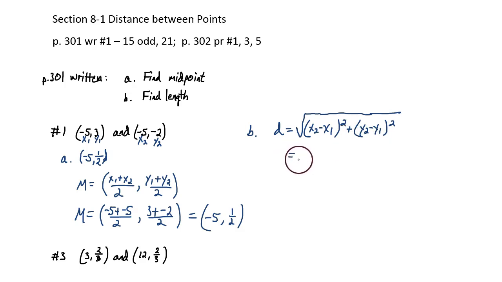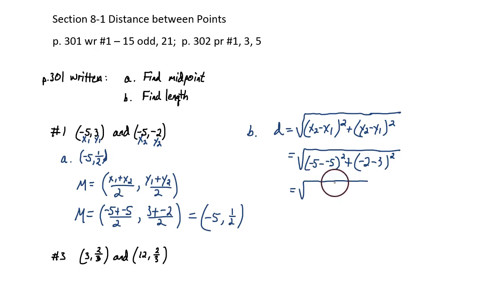Let's make substitutions. x2 is -5 minus x1 is -5. Now let's subtract our y values. y2 is -2 minus y1 is a 3.